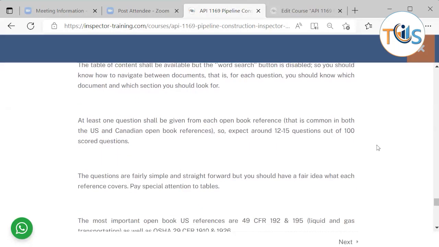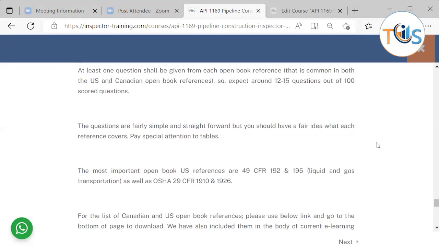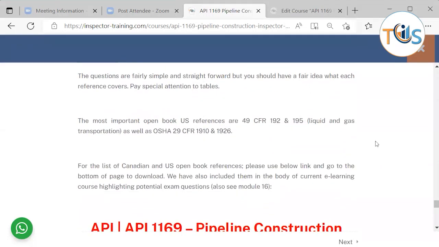At least one question will be given from each open book reference. It is common to both US and Canadian open book references, so expect 12 to 15 questions out of 110 scored questions, or 115 total questions. The questions are fairly simple and straightforward, but you should have a fair idea what each reference covers. Pay special attention to tables.